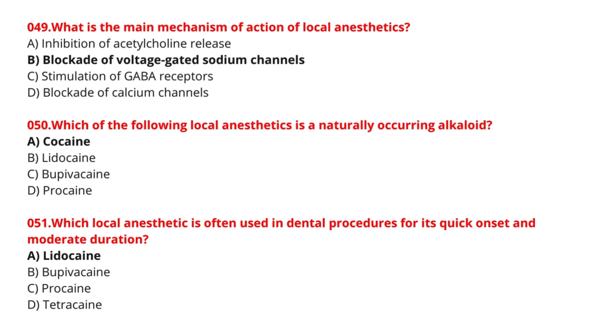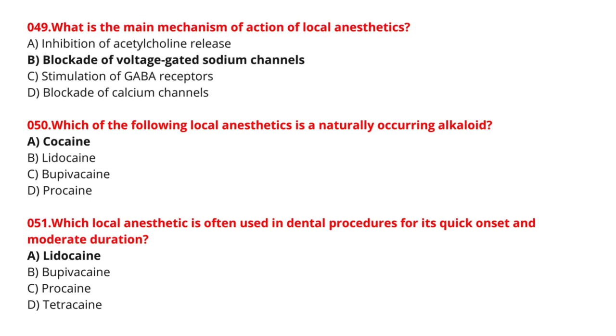Answer is B. 050. Which of the following local anesthetics is a naturally occurring alkaloid? A. Cocaine. B. Lidocaine. C. Bupivacaine. D. Procaine. Answer is A. 051. Which local anesthetic is often used in dental procedures for its quick onset and moderate duration?